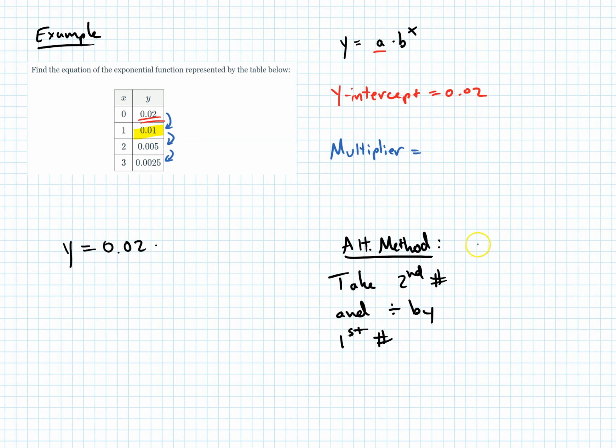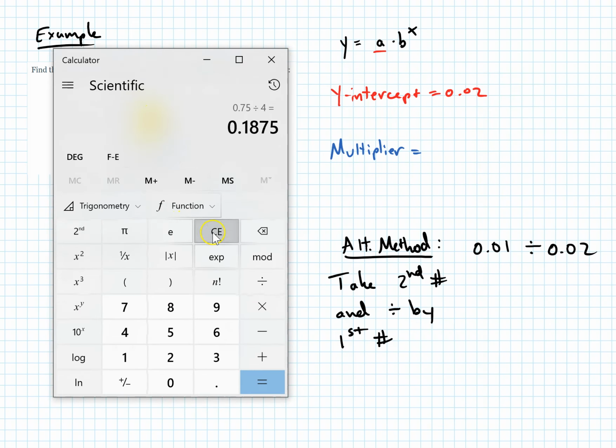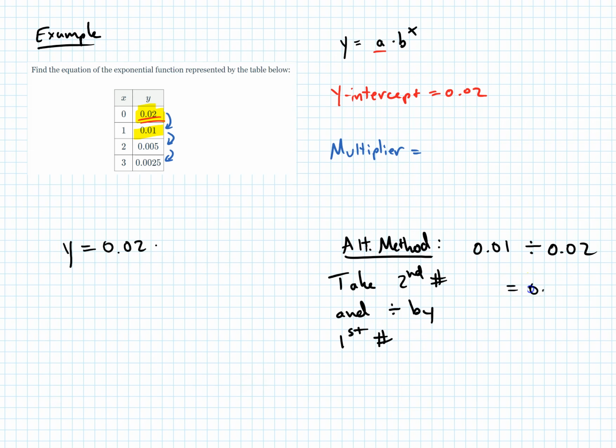So let's take 0.01, and let's divide it by the first y value in our table, which is 0.02. And you're going to need a calculator for this one, so let's get out the calculator. Okay, so we do 0.01 divided by 0.02. And we get 0.5, or a half. So that means our multiplier is 0.5.